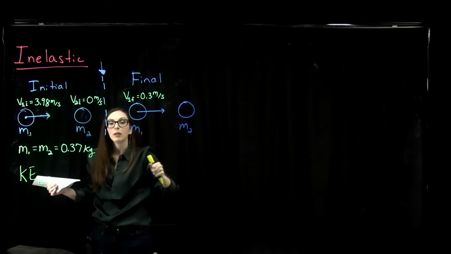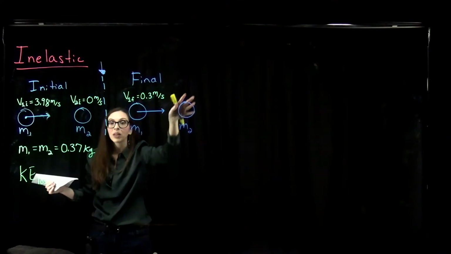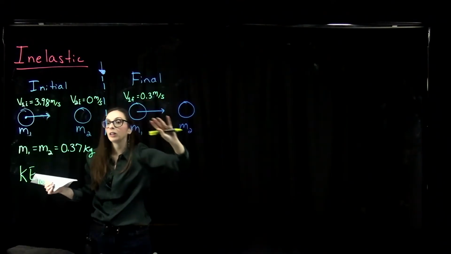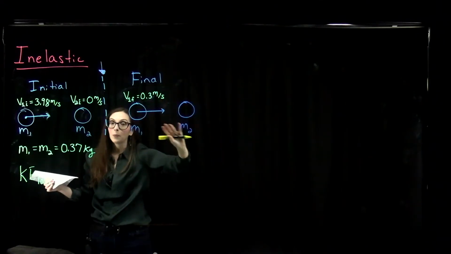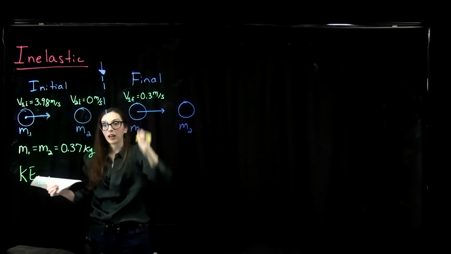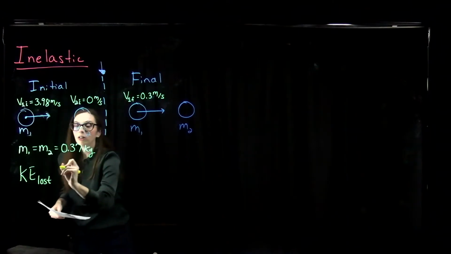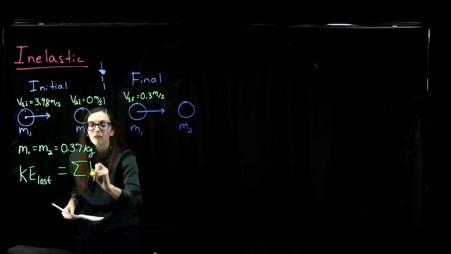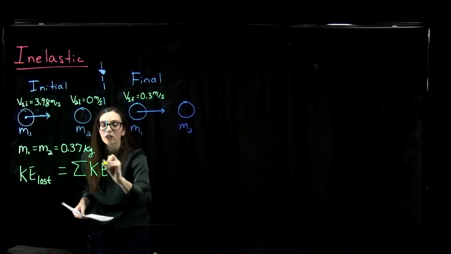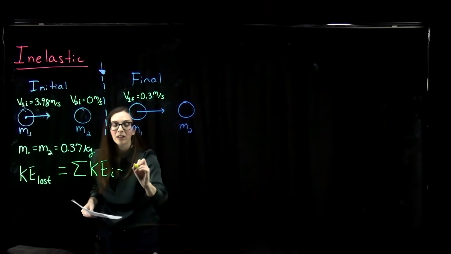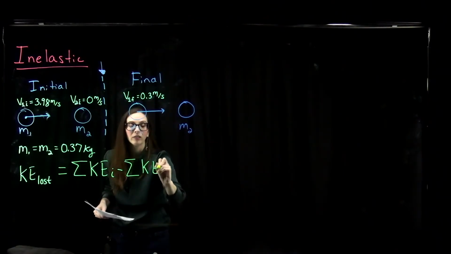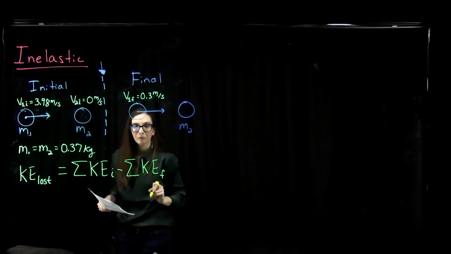We're going to lose some energy in the process, so actually the sum of the kinetic energy in my final system after the collision is going to be smaller than my initial kinetic energy. So the kinetic energy lost will equal the sum of the initial kinetic energy minus the sum of the final kinetic energy.